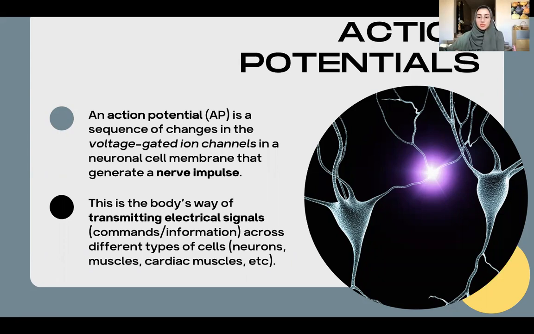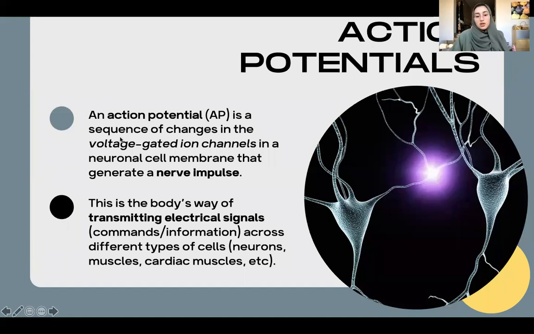This happens very seamlessly in the body. And it's very important for us to understand in medicine, because any problems with transmitting this information can lead to different issues in the body, whether nerve damage, muscle damage, or abnormalities in the heart, which we call arrhythmias, etc. So that's what an action potential is.